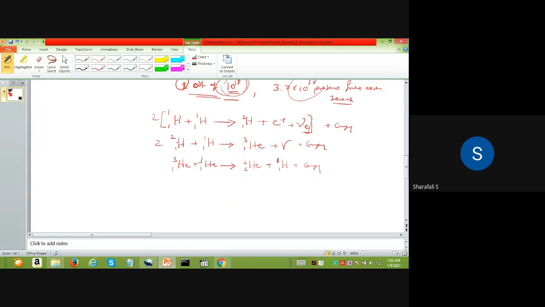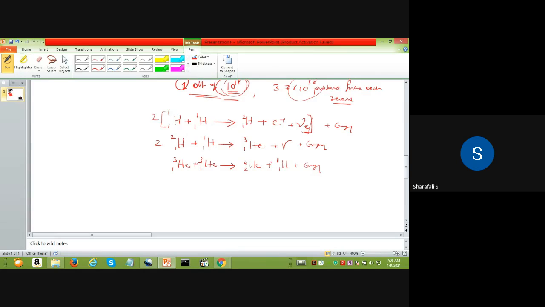Still, the proton number is not balanced, right? So you just check these numbers and make it in the right form. So then we have 3 plus 3, so this is 4 here and 1.